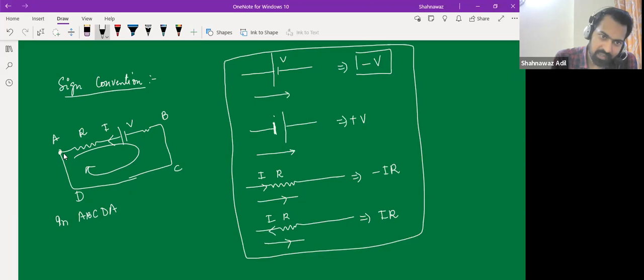You see that if I'm going from A to B, in this resistance the current is in this direction, but my loop is in the opposite direction. So what would be the voltage for this point?